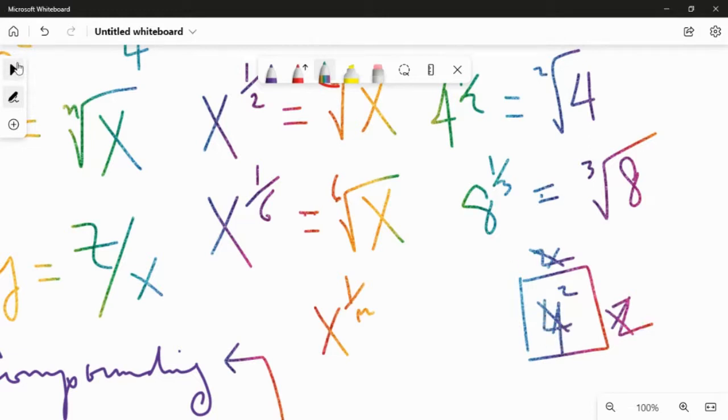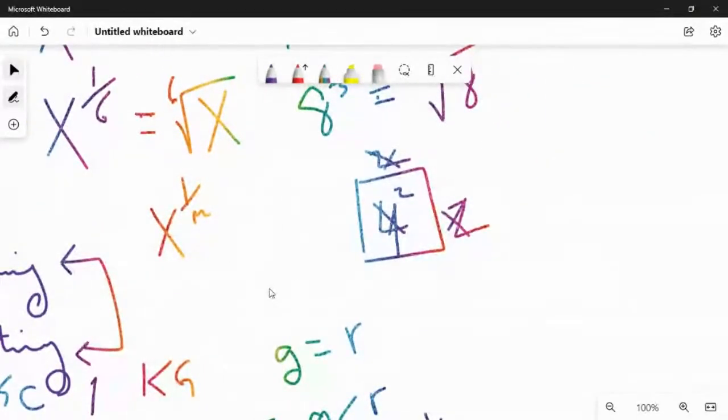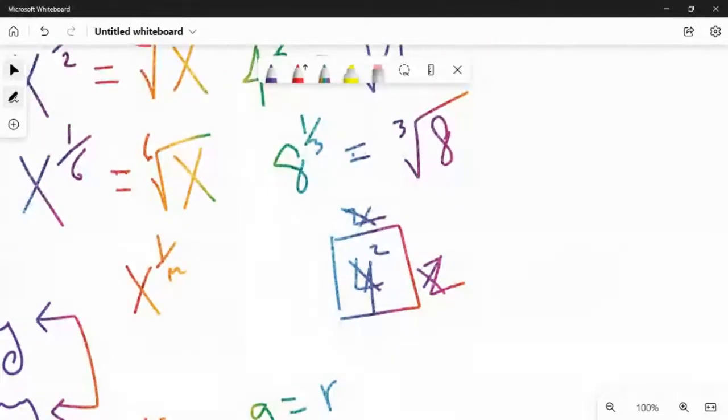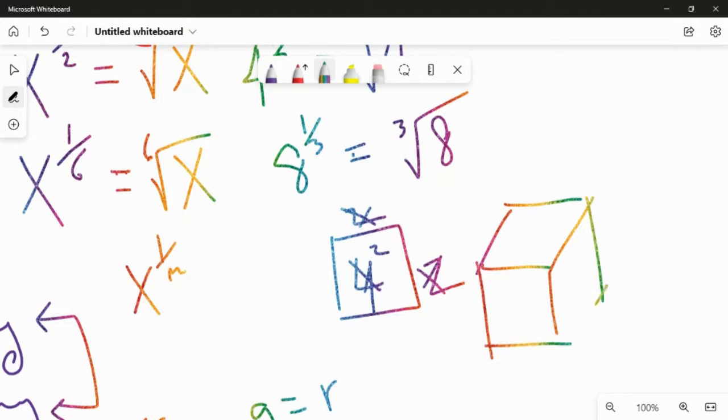But if you have a cube, there's 2 here, the height, and the sides are also 2, and the volume of this cube is 8 because it's 2 to the third.